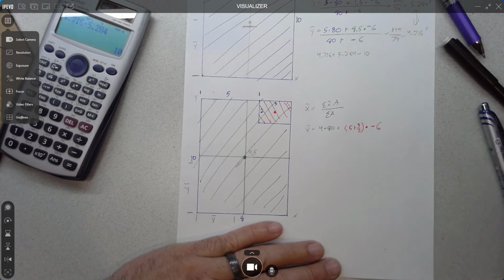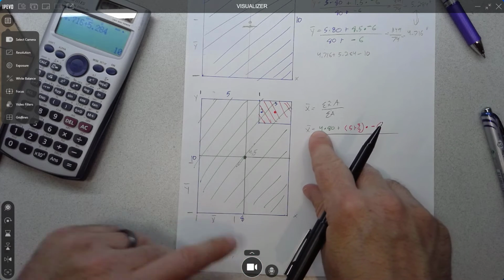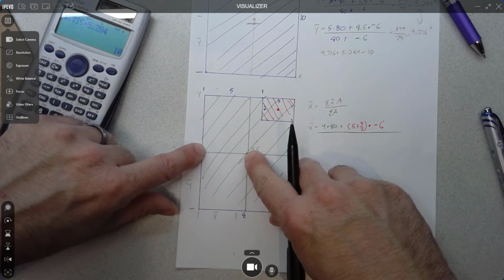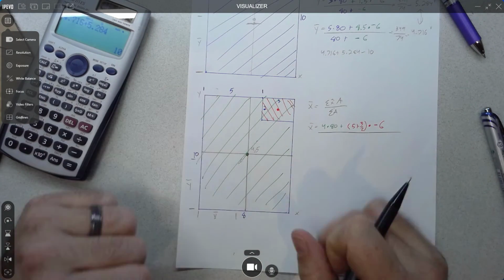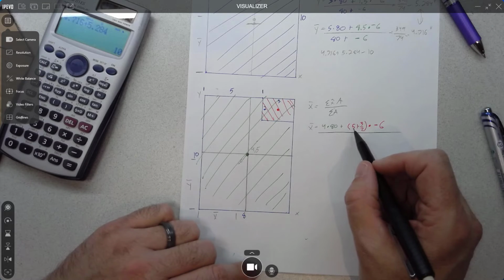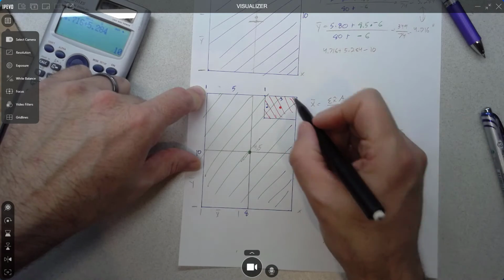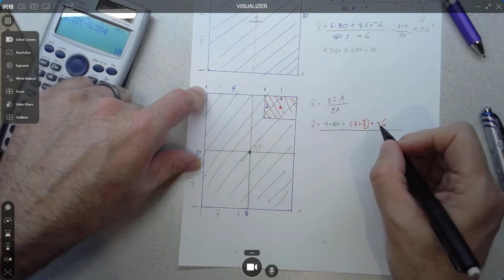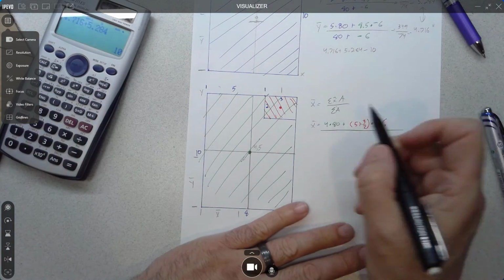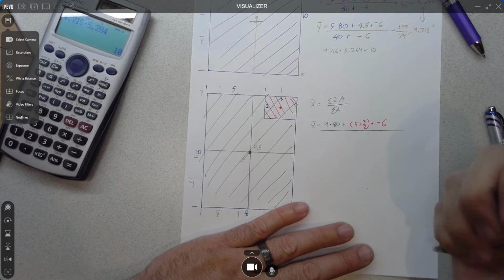So that's our top part of our equation. Here, this is 4 times the area of that chunk that we found the centroid of, plus the distance 6.5, which is to right here, times the area of that chunk, which is a negative 6 area because we're cutting it away. And then on the bottom, we just have the sum of the areas.